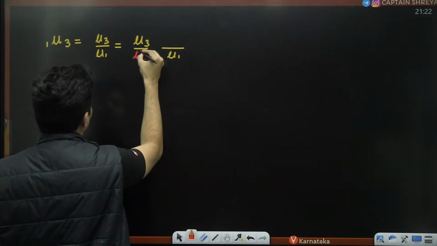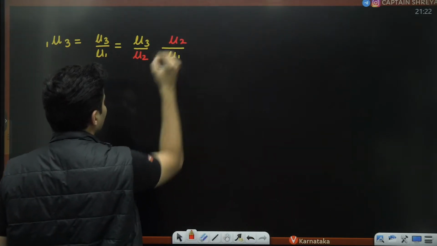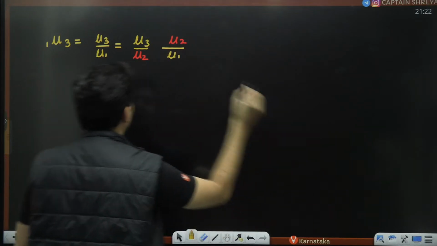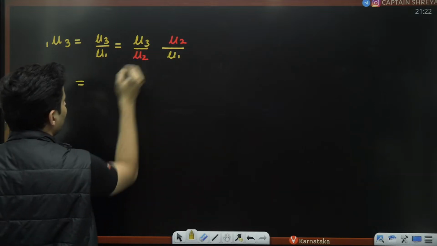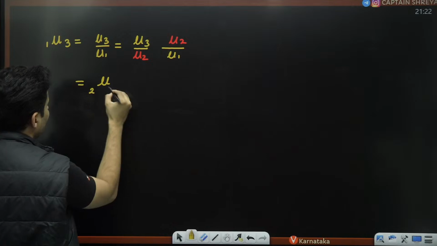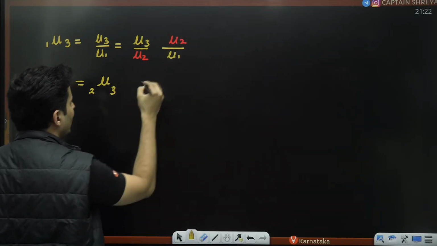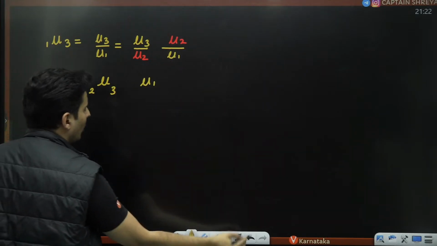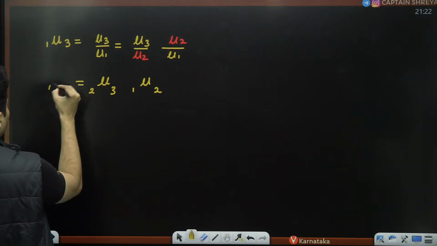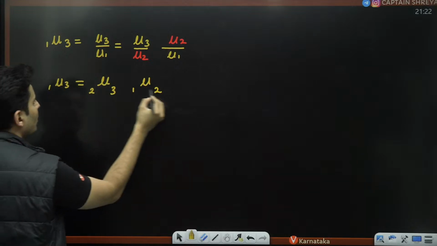Deliberately, I will bring μ2 here as well as here. Anyway, they cancel, equality is maintained. But the funny part is, what is μ3 by μ2? Light went from 2 to 3, so it is 2μ3. What is μ2 by μ1? That means light has gone from 1 to 2. So 1μ3 is 2μ3 into 1μ2.